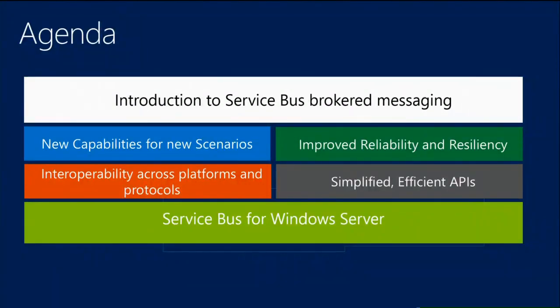BizTalk Server is our infrastructure for this, and BizTalk Services is the set of capabilities that exist for that in the cloud. Enterprise Service Bus as a pattern, you can look at again on my blog. I have an hour-long rant about that.